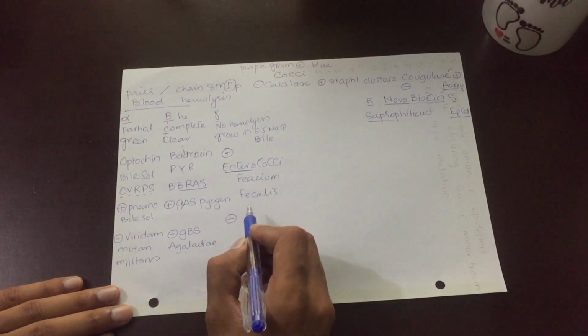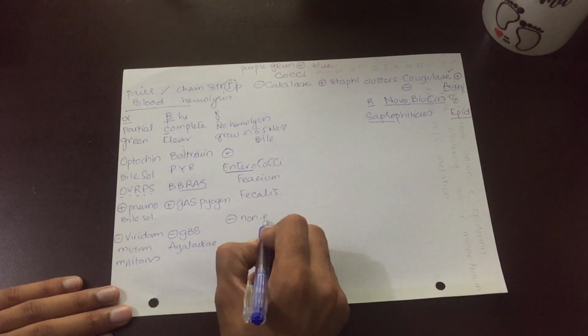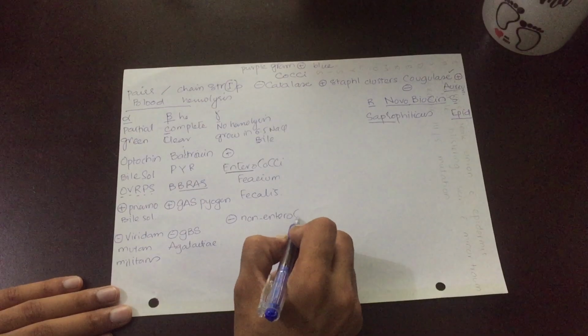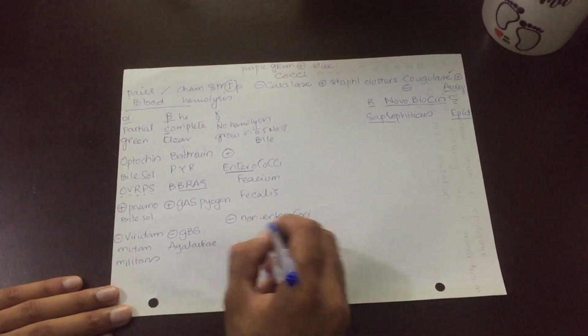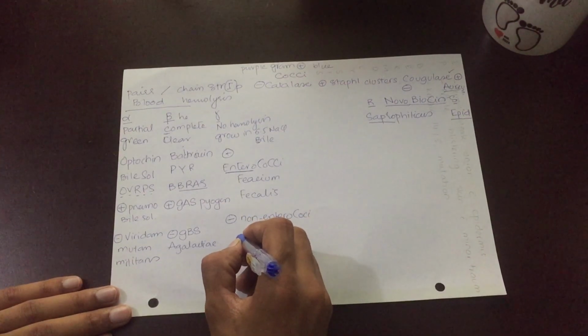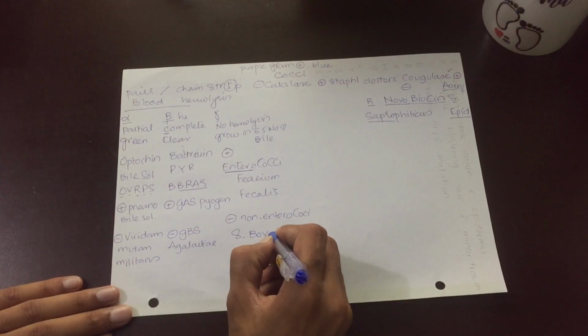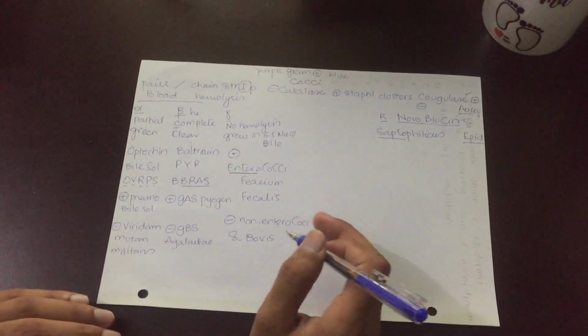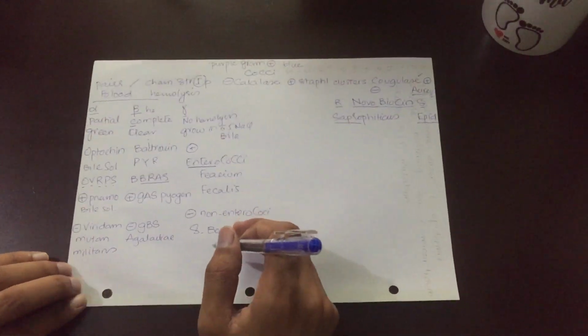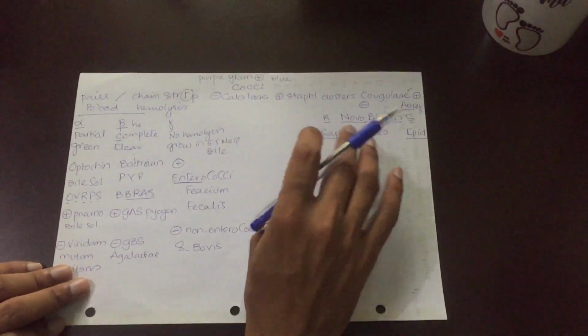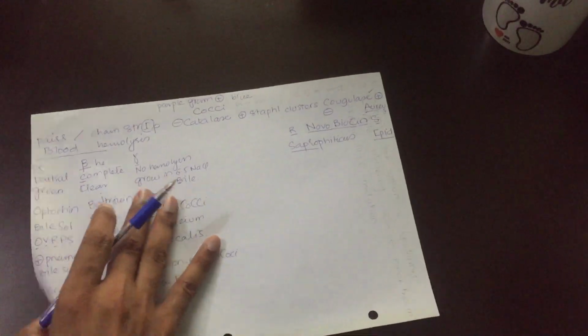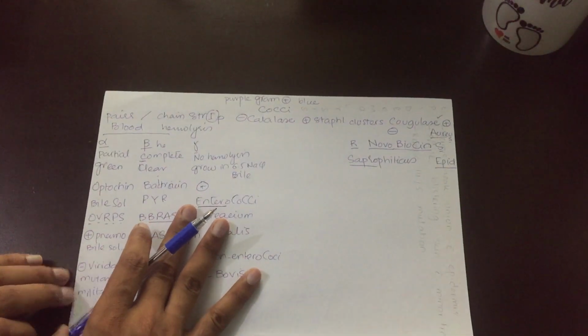And those which are not, they are non-enterococci. In this example we have strep bovis, which can cause infective endocarditis or heart problems. So this is all about gram positive cocci.